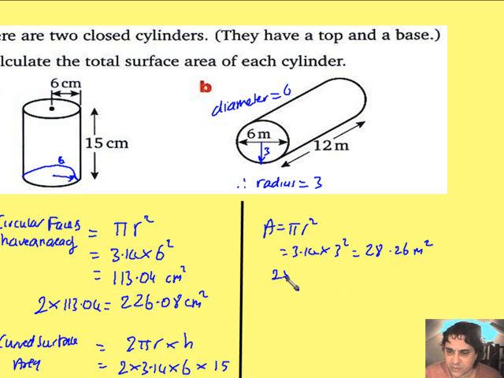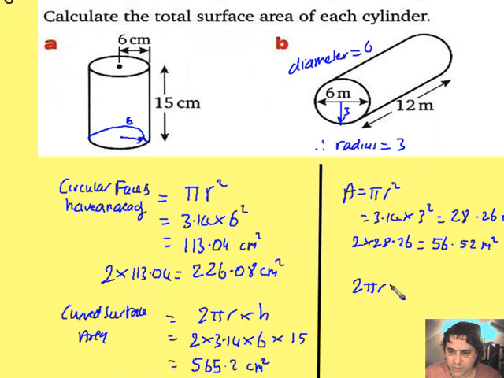I've got two of them, so 2 times 28.26 takes care of the top and the bottom, 56.52 meters squared.